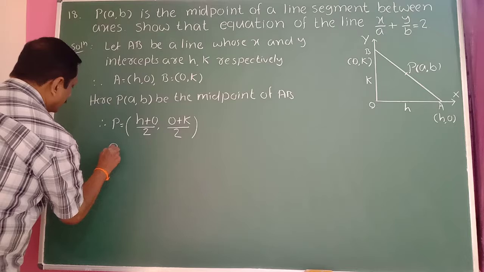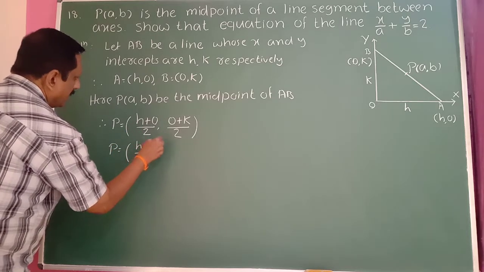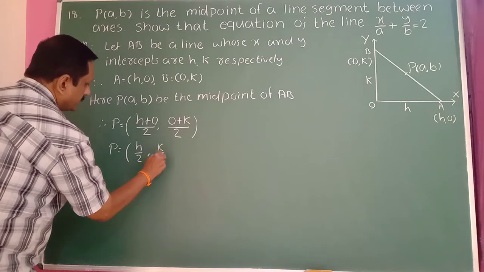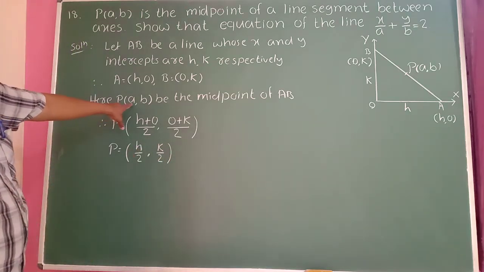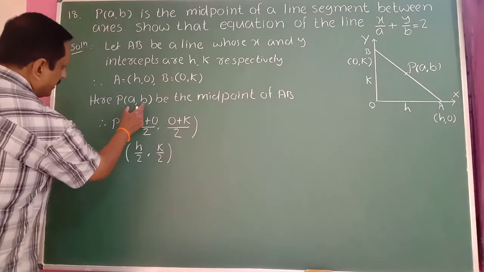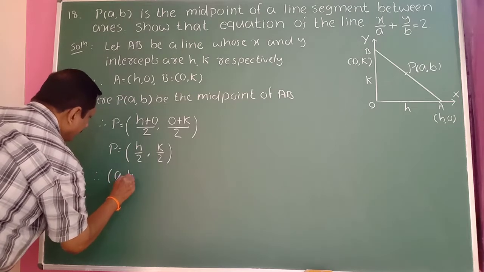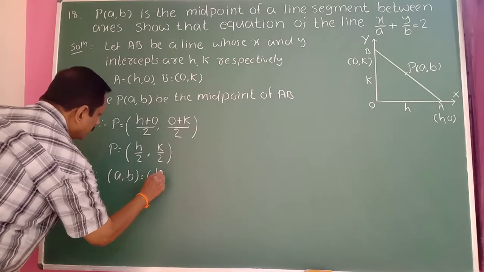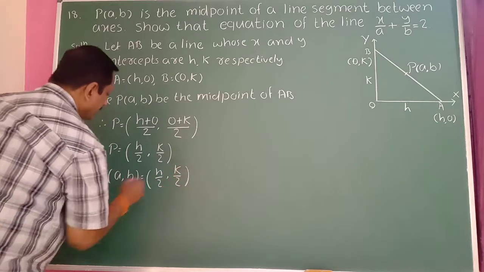Therefore, P is equal to (h/2, k/2). But they already gave the coordinates of P as (a, b). Therefore, equate these two. Therefore, (a, b) is equal to (h/2, k/2).